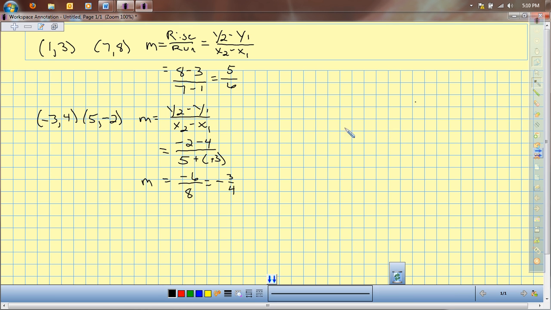Now the last thing we can do is we can also find the slope of a line if we are given the graph. So let us assume that we have our origin right here. This is the origin of our graph, okay? And we have our line. Let's make up our line to go somewhere like this right here. So we'll start our line here.